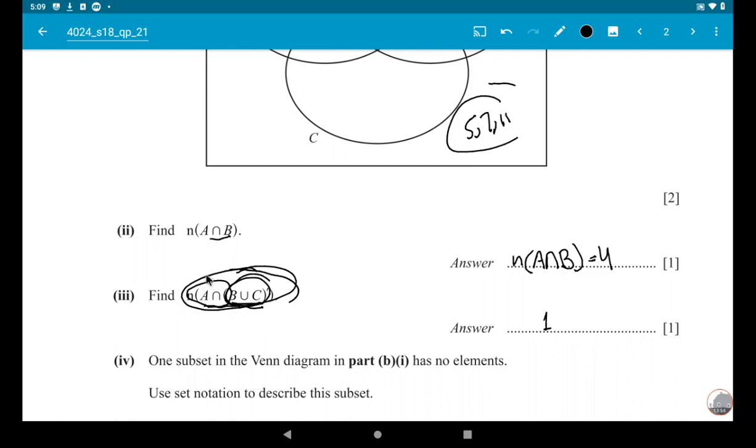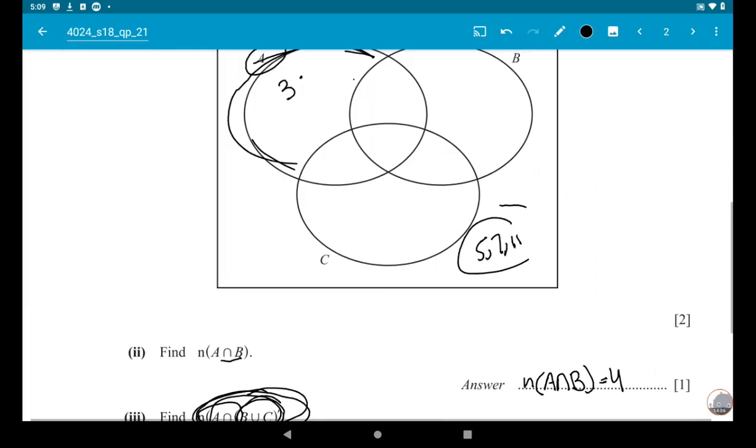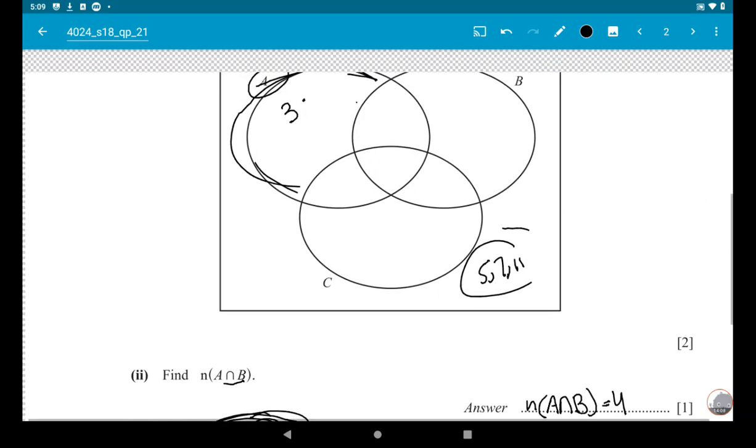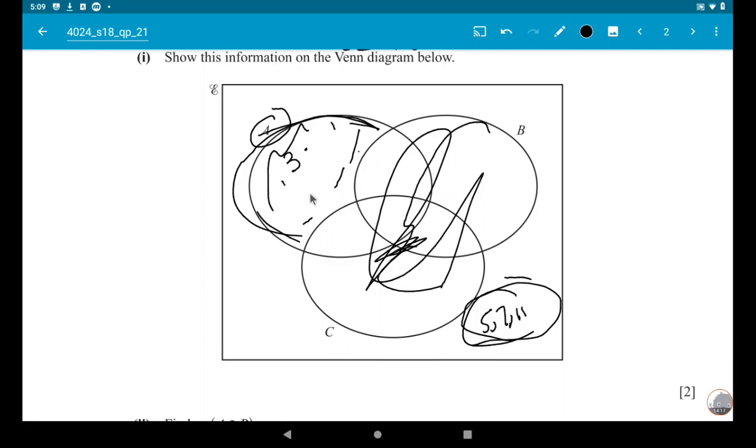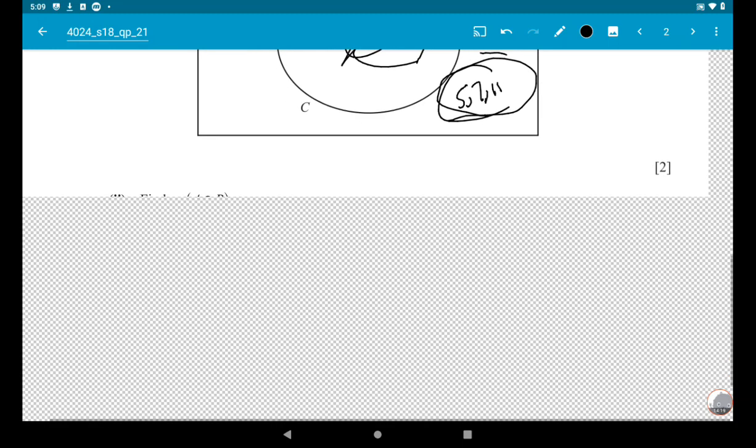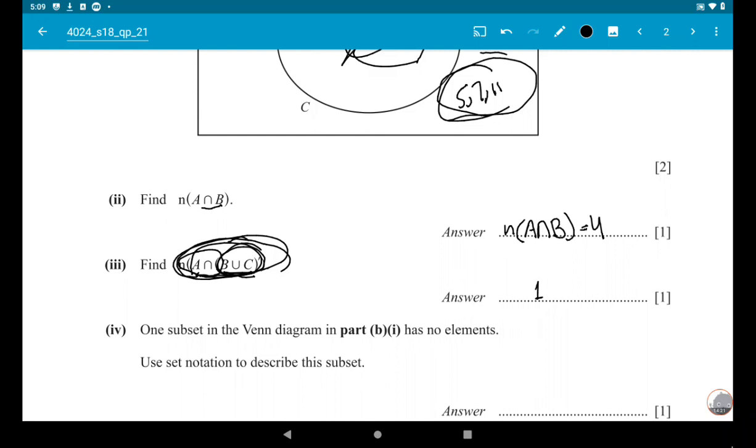We will shade this region and then we will answer. Okay, how many numbers are included in this statement? Because we will complement, we will remove all this. These numbers are not included. The only number is 1 in this statement. The number is only 1, that is the answer.